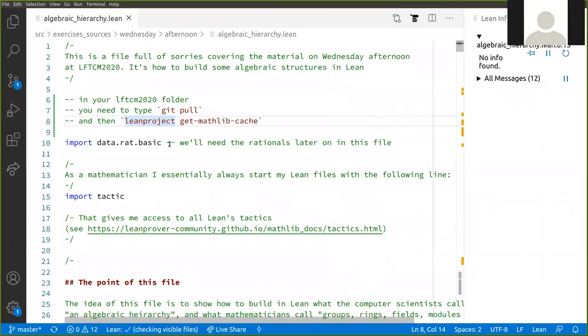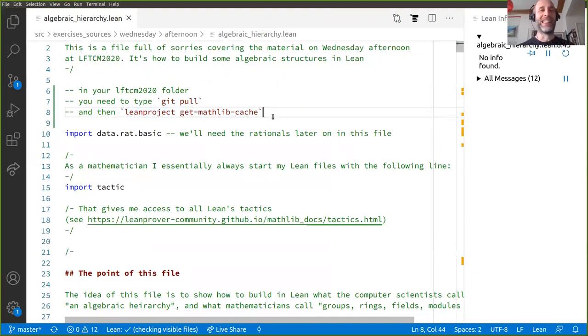Have you changed the file since this morning, Kevin? Yeah, I changed it 15 minutes ago. It's now ready. I think the one this morning might have had all the answers in it, so maybe a good idea not to use that.